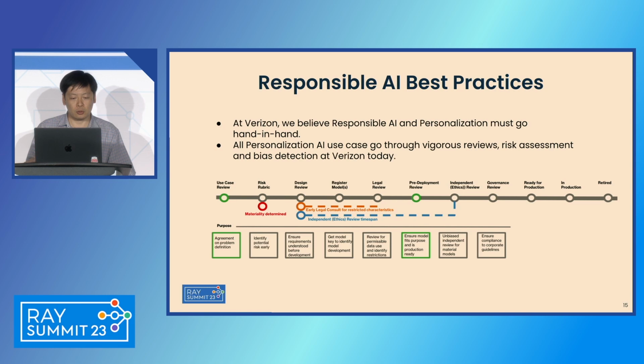to make sure the models are not generating any disparate impact, because we are using a lot of our models to determine eligibility for our plans and services. So it's very important to make sure the models are not generating disparate outputs.